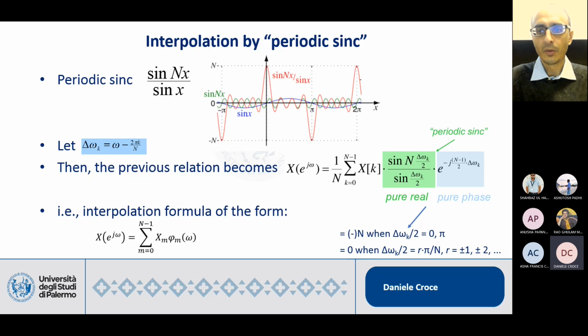So this comes from the periodic sinc interpolation. So basically what you get is a sort of interpolation formula of the DTFT with the components of the discrete Fourier transform. Okay?